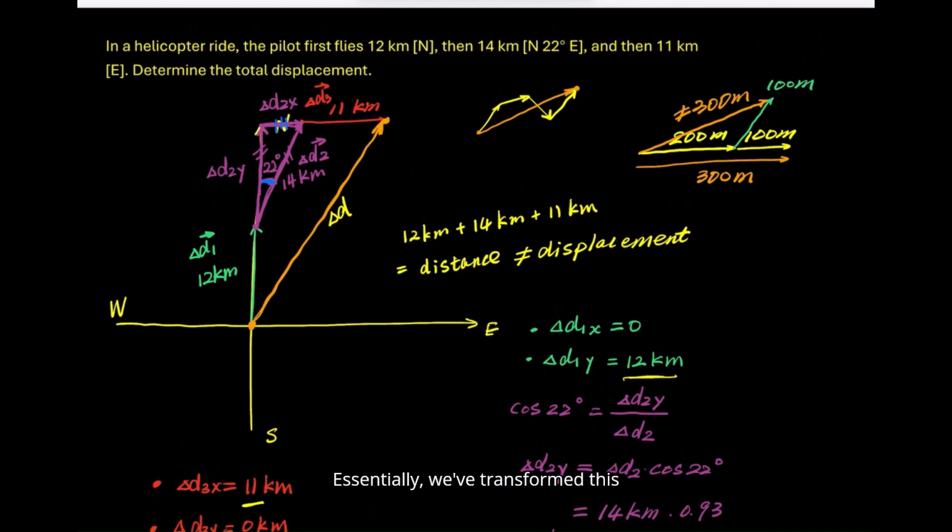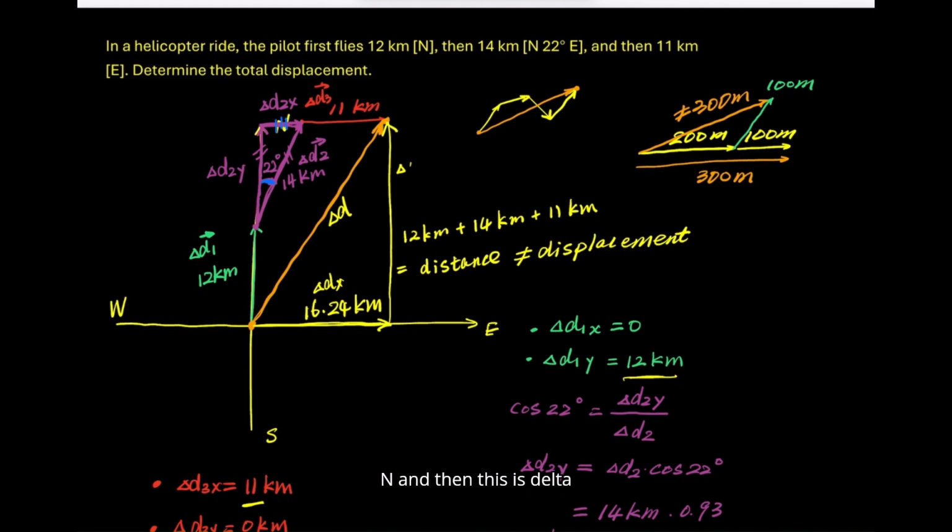Essentially, we've transformed this problem into a simpler one. The pilot's journey is equivalent to flying 16.24 kilometers east. He flies in this direction, 16.24 kilometers, which is delta dx, and then 25 kilometers due north.